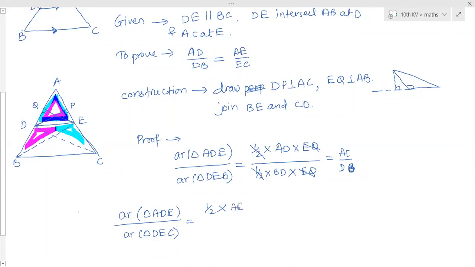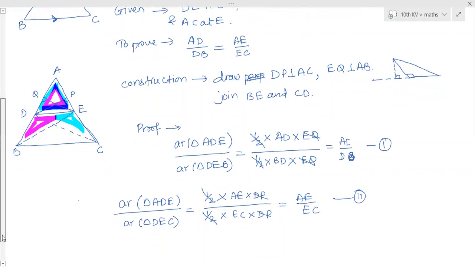So AE into DP, divided by half into triangle DEC, with EC as the base and DP again as the perpendicular, EC into DP. In this one also the half gets cancelled, DP gets cancelled. You will get AE by EC. This is equation 1, this is equation 2.